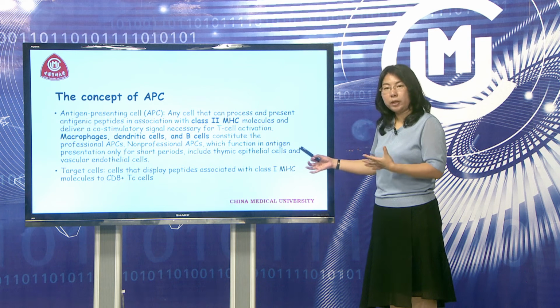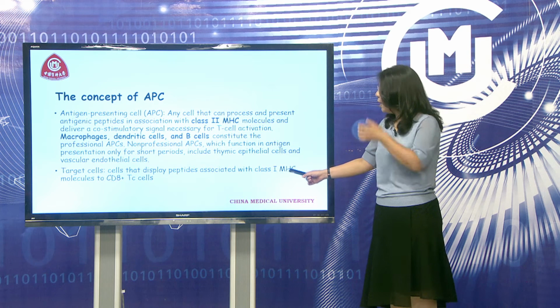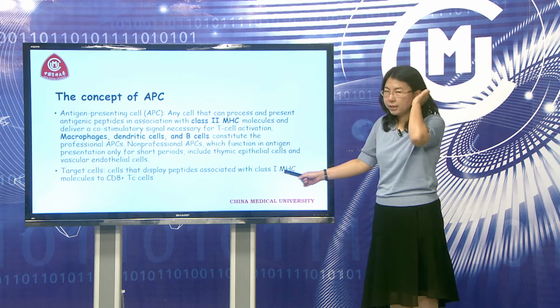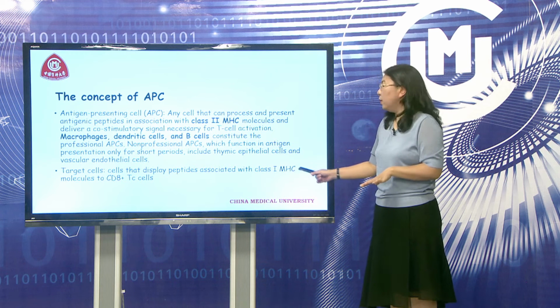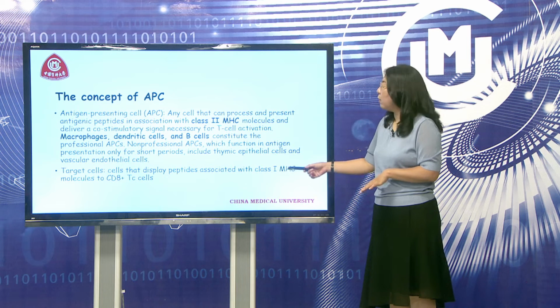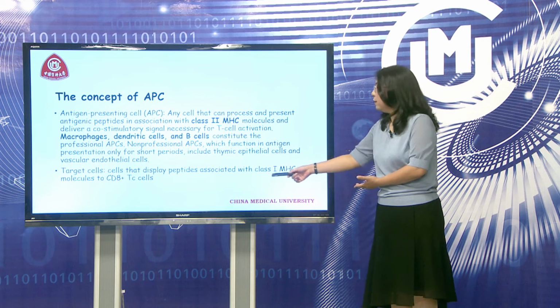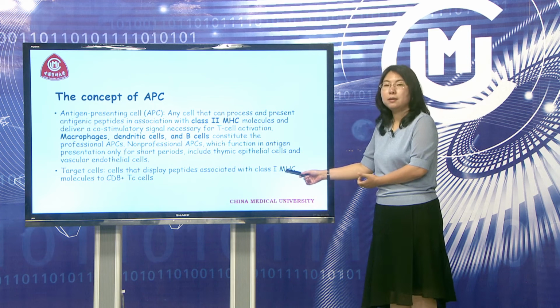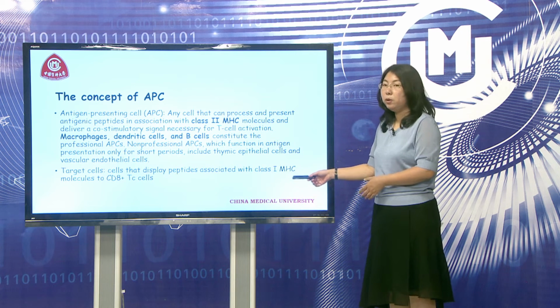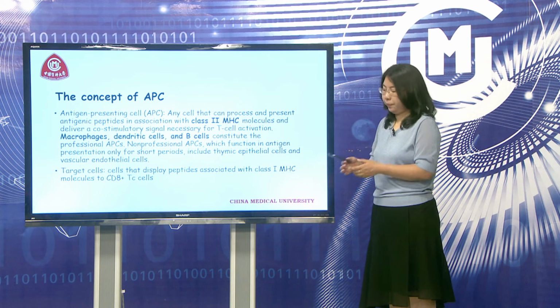That means in our body, almost all nucleated cells express class 1 molecules, and class 1 molecules also present antigen. These cells we don't call APC, but they have the function to present antigen. We call this kind of cells with class 1 molecules target cells, for example, virus infected cells or cancer cells.